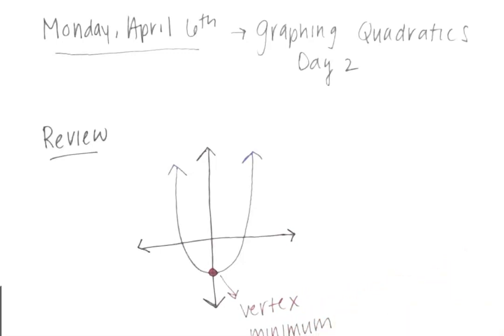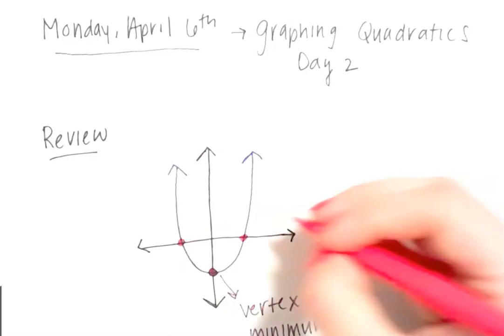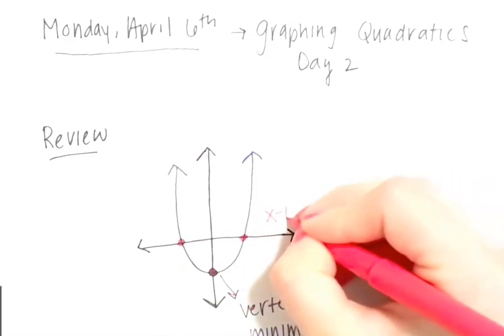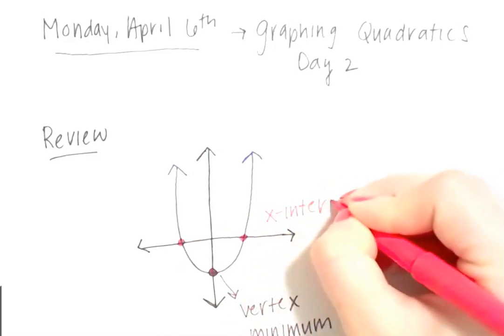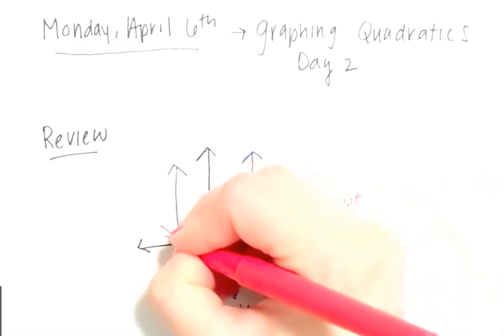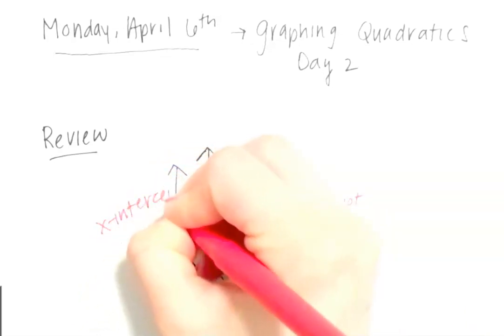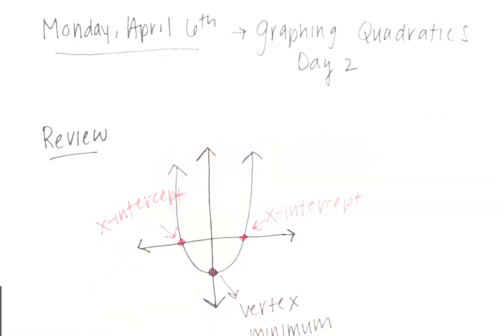What else do we have here? This point right here and this one right here would be our x-intercepts. And remember, those are our solutions.